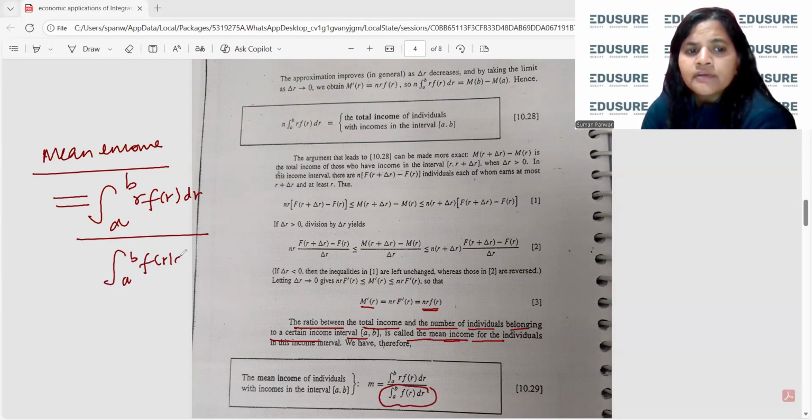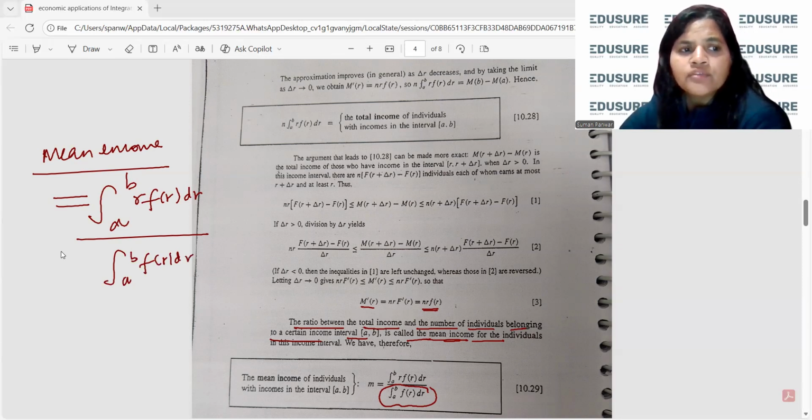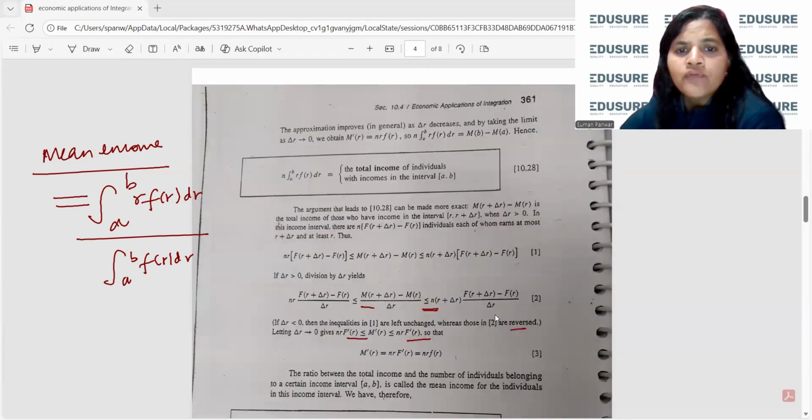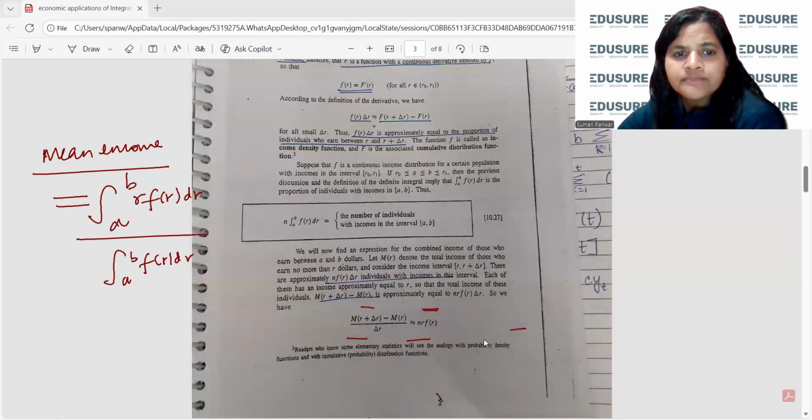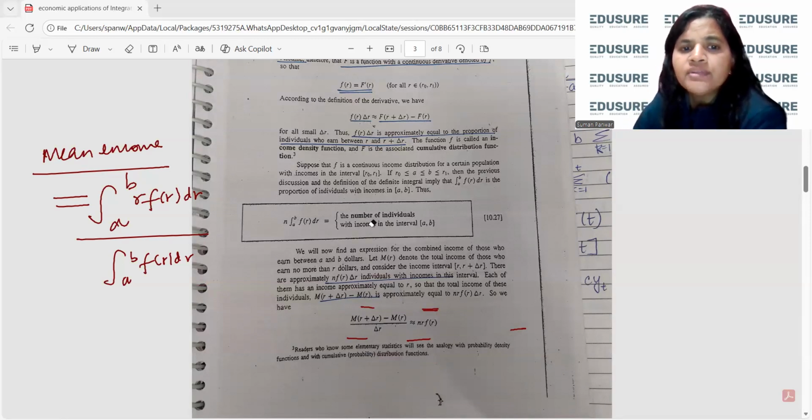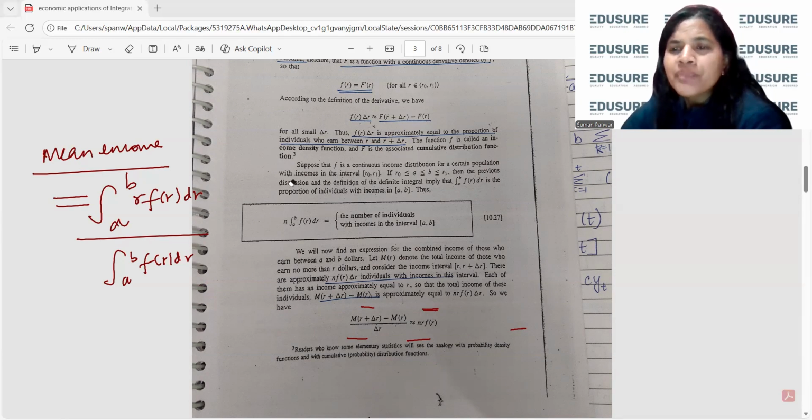We already did this, so let's scroll above to see. This is very important: the mean income of the individuals. You can be asked to calculate this. So this is the total income of the individuals within the interval A B, and before that we had integrated. And this is the number of individuals in the interval. So if you remove N, the integral from A to B of R F R dR is the mean income.